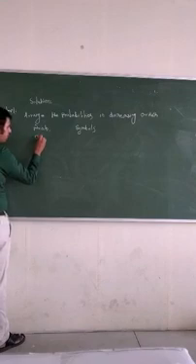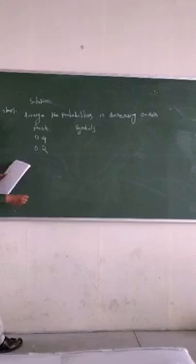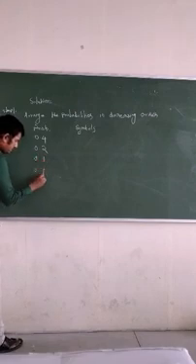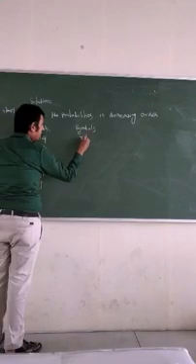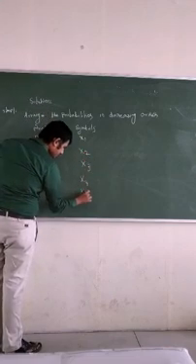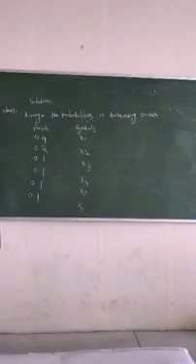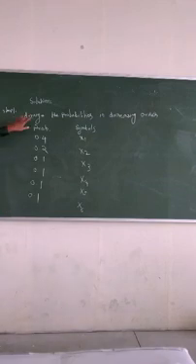First probability 0.4, and next 0.2, and then 0.1, 0.1, 0.1 and 0.1, and the symbols will be x1, x2, x3, x4, x5 and x6. We can change the order of symbols, no problem, but we have to write the probabilities in decreasing order, that is 0.4, 0.2, 0.1, 0.1, 0.1 and 0.1. This is your first step.